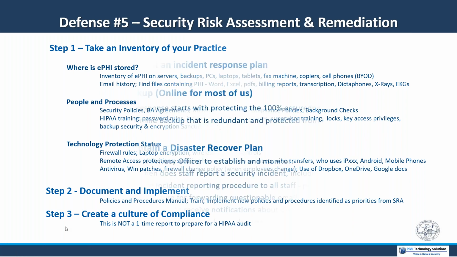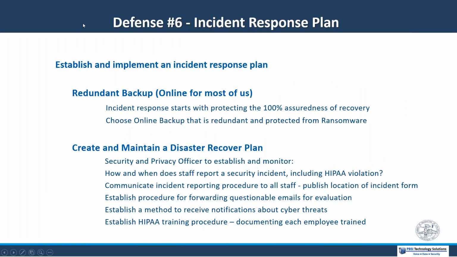So, security risk assessment. Then incident response plan. This starts with backup to know how we would stay in operation and exactly how long it would take and what our plans would be if we had a disaster of various kinds, and create and maintain a disaster recovery plan, which typically would be administered and controlled by your security and privacy officer.